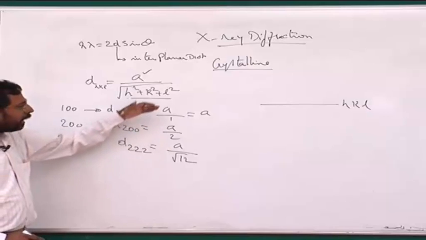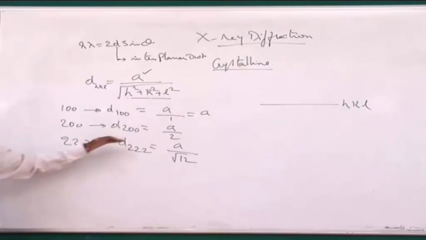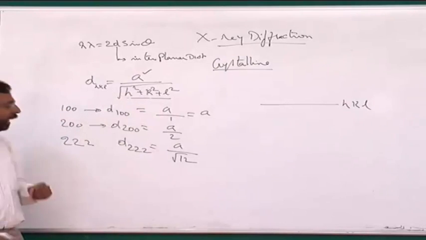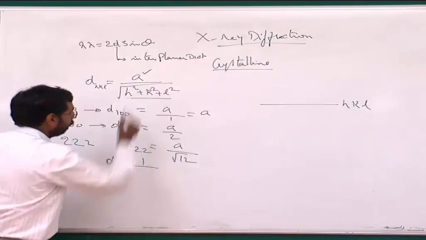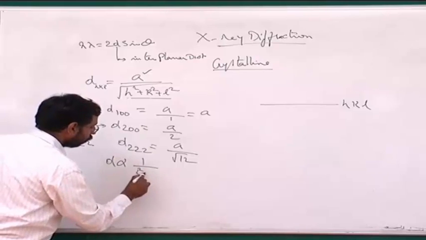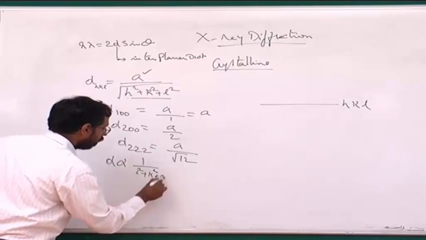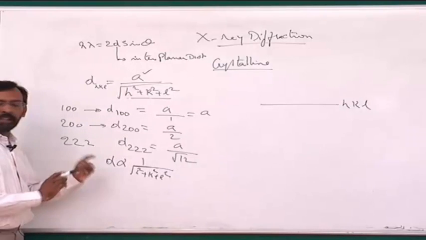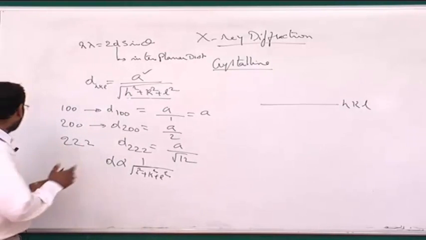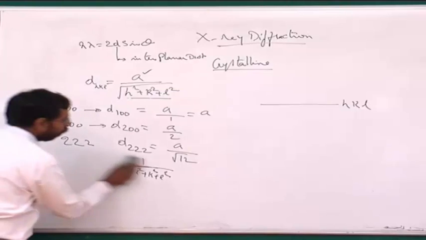As I increase the indices, d is decreasing. d is inversely proportional to the square root of h square plus k square plus l square. This is something which we have to remember. As we go along, we will be using this more and more.